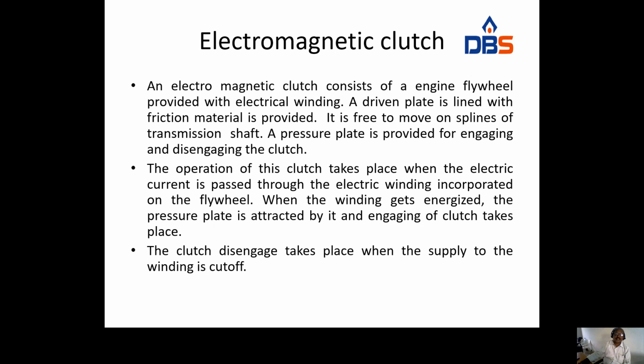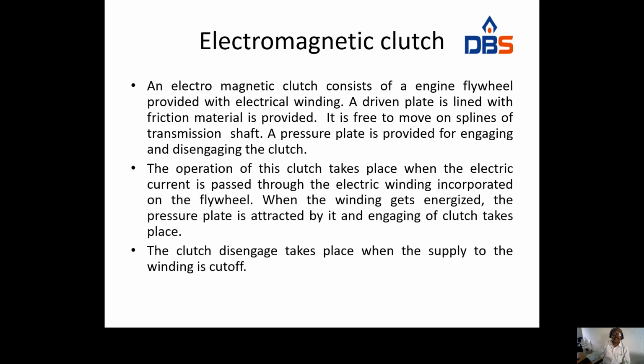It moves freely over the splines of the transmission shaft. A pressure plate is provided for engaging and disengaging of the plate. Between the driven shaft and driver shaft, there is a pressure plate. Based on the pressure plate only, engagement and disengagement take place.